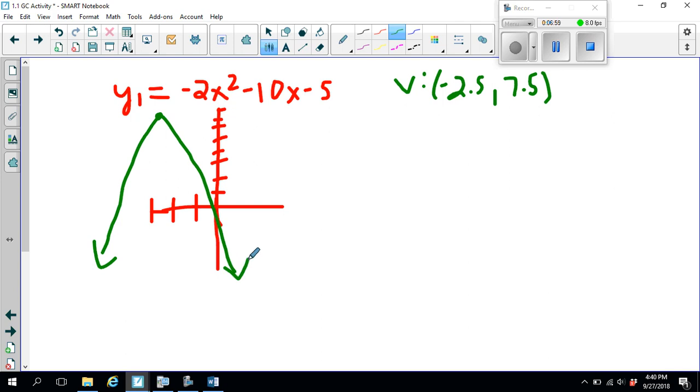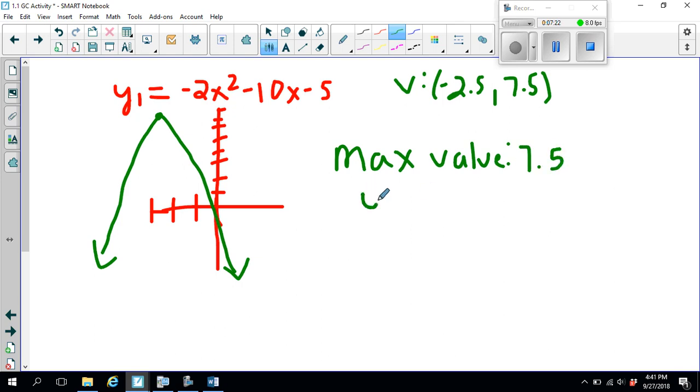So now we do have to answer the question, because it did ask us, find the maximum value and the value of x where it occurs. So our max value is basically the y of our vertex. So we look, that should be 7.5.